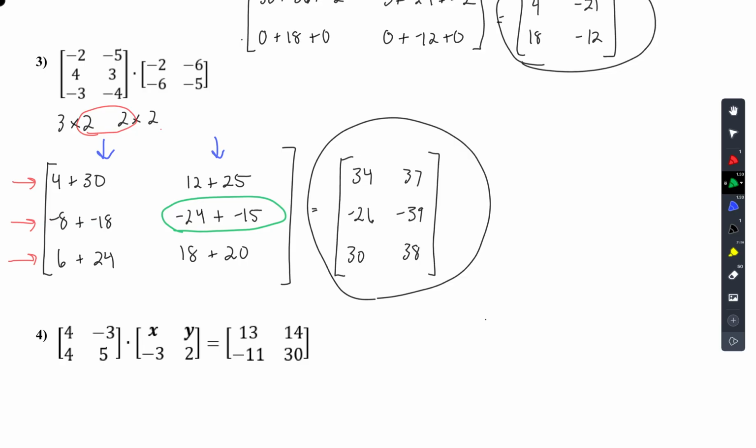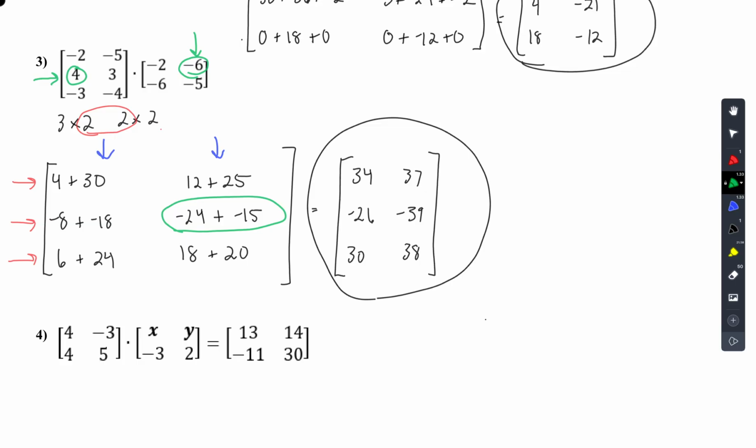Is that a 6 or a 1? A 6. Okay, I got that. For that number, it's in the second row, second column. Because this number is going to be in the second row, second column, I do 4 times -6.